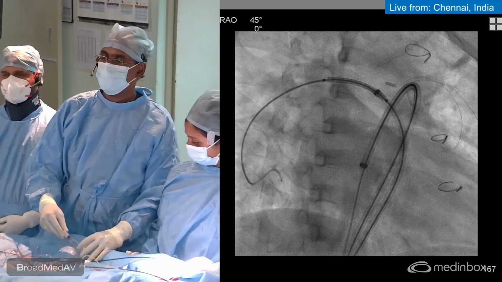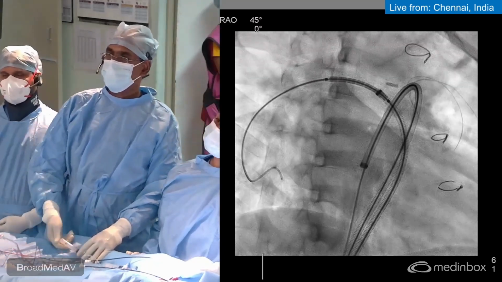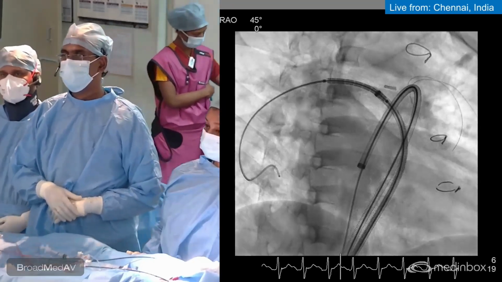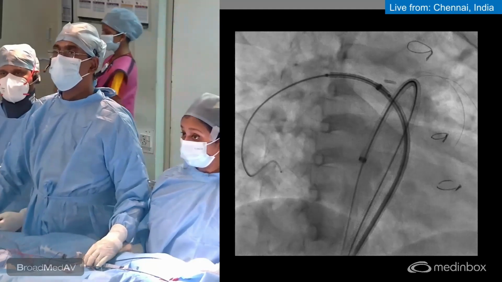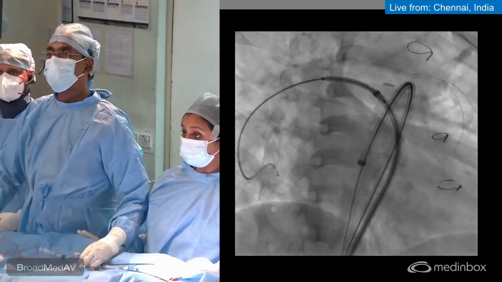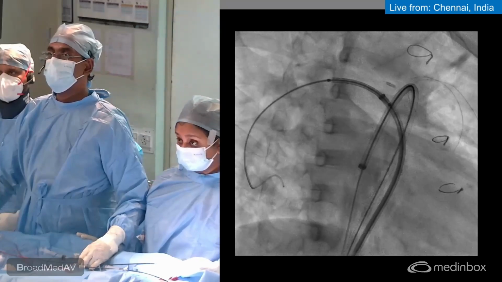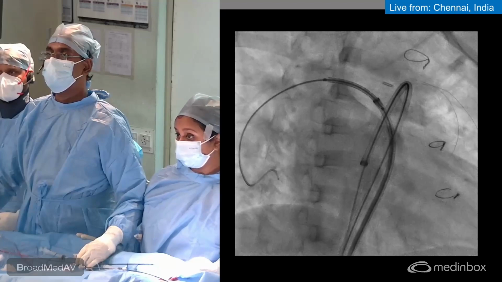At this point, I'm going to check one angiogram. So I have to come much more proximal. So with the sheath, under pressure guidance, I'm coming out a little bit more.